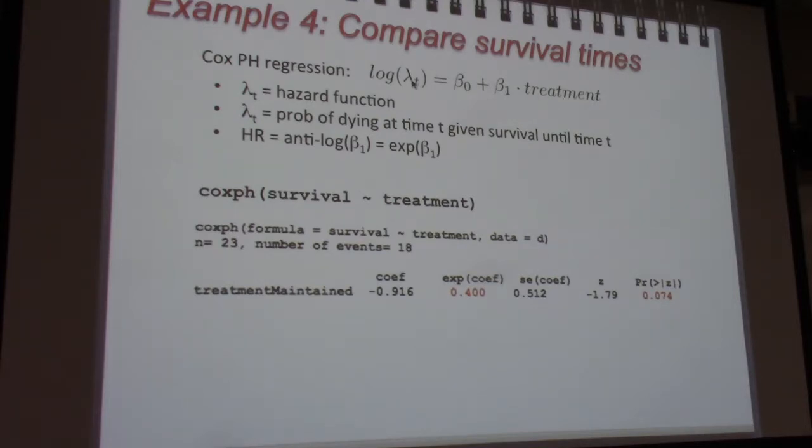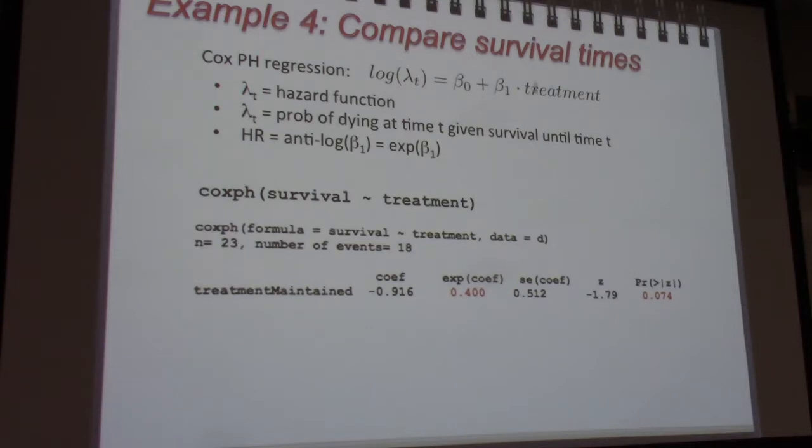And the left-hand side, though, is not the survival time, it's the hazard function, and it's the log of the hazard function. The hazard function is just the probability of dying on day 7, given that you were alive on day 6. That's called a conditional probability, that given that you were alive on day 6 is the conditional part. And that's how the Cox model deals with the censoring. Again, the denominator just keeps changing.